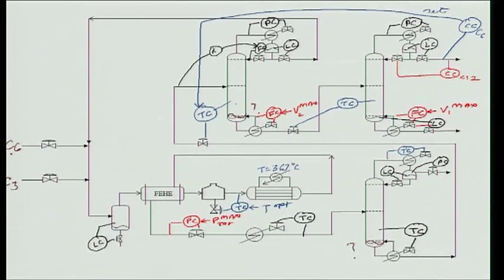Let us say I control this level. What does it represent on the recycle column? This level represents C6, C9 and C12, which are separated downstream in the product column.